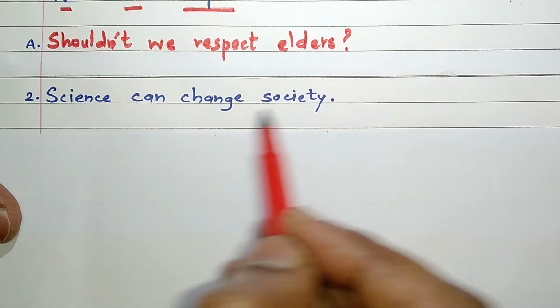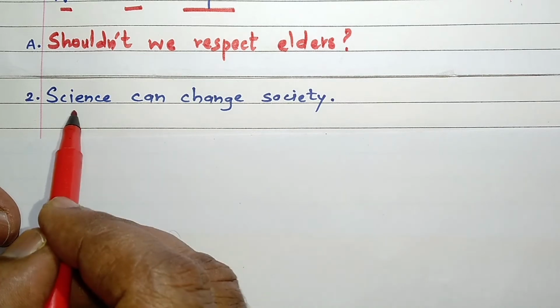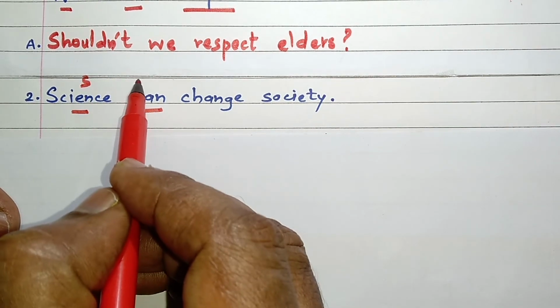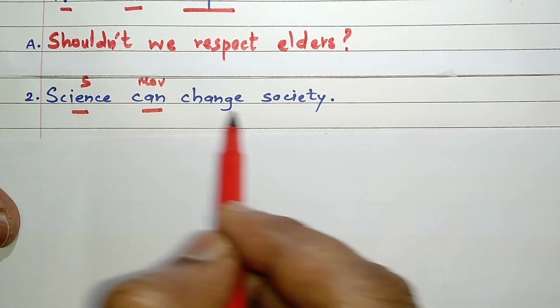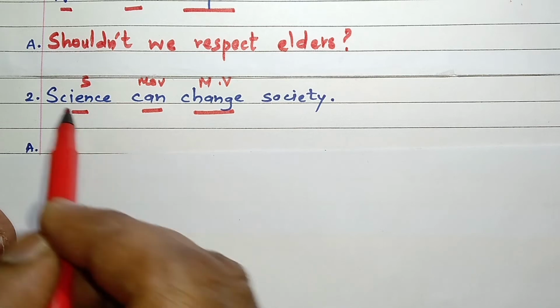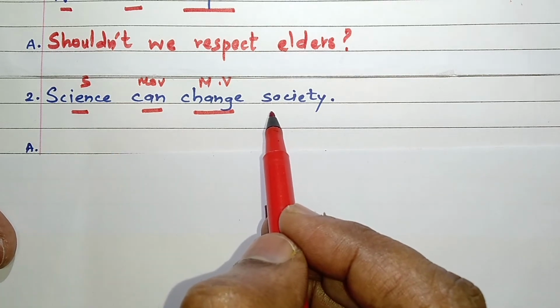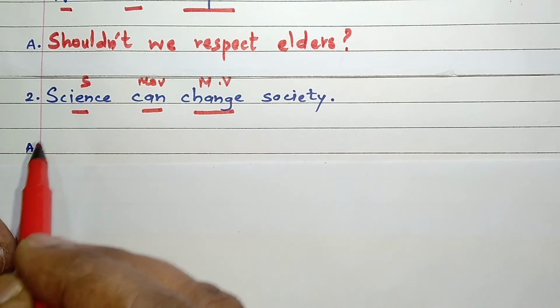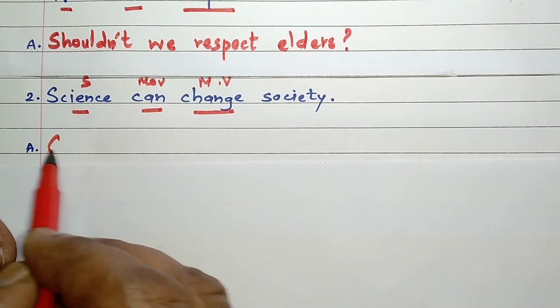Science can change society. Here, science is the subject. Can is the modal verb. Change is the main verb. So, the sentence is affirmative. So therefore, the interrogative sentence that we form will be negative. Can will become can't.